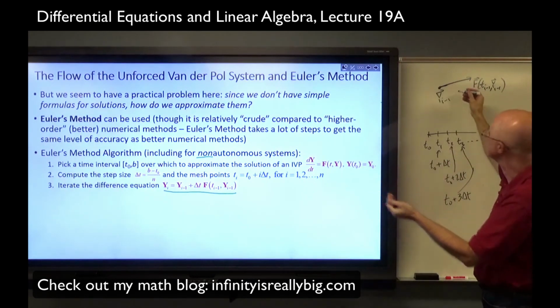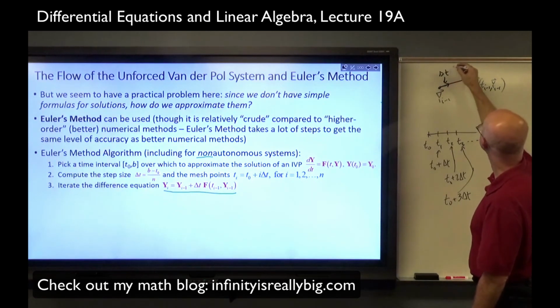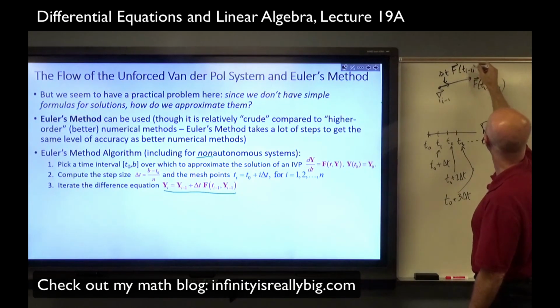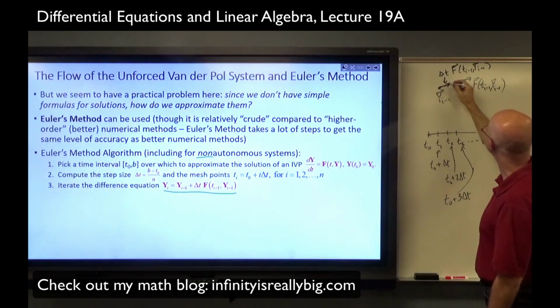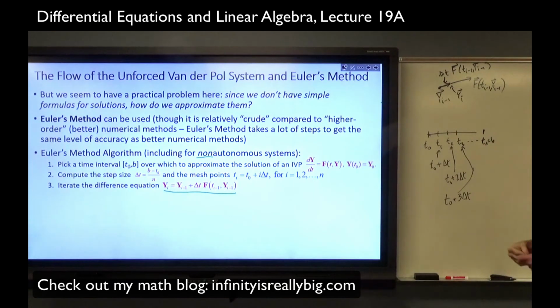Delta t is the scalar. So maybe this vector right there is delta t times f of ti minus 1, yi minus 1. And that would mean this point right there is yi. Okay?